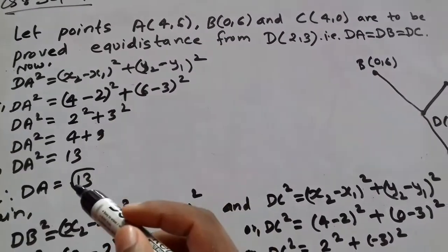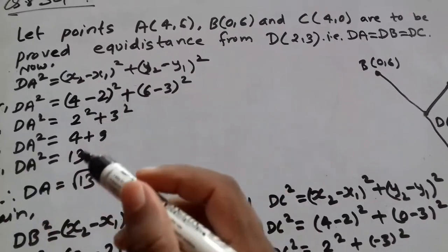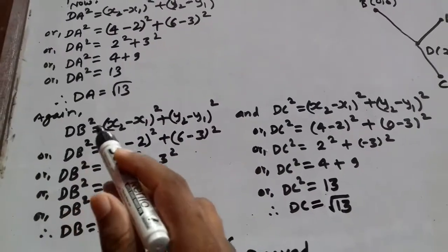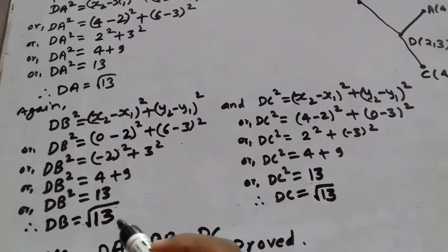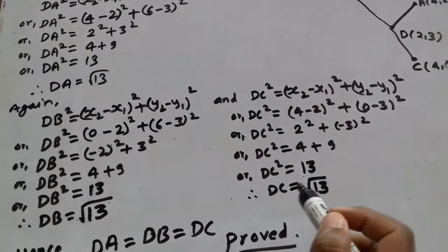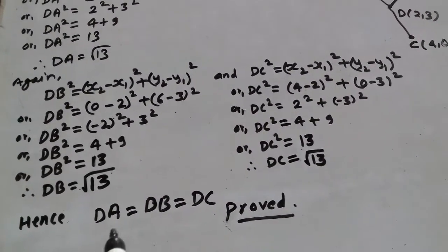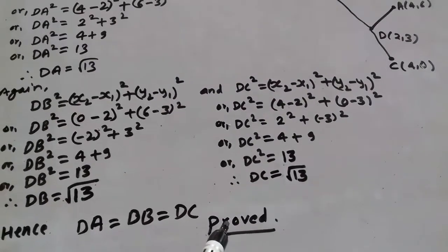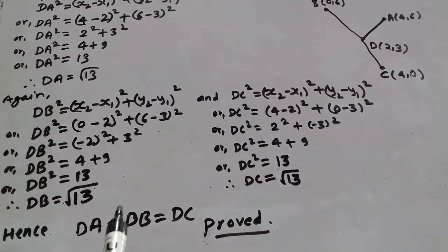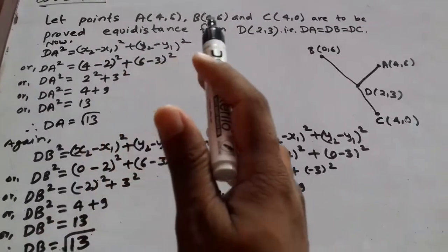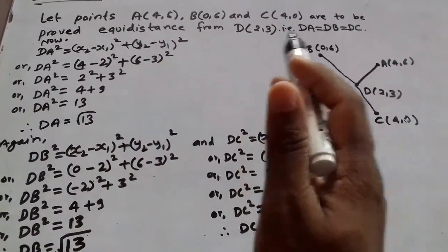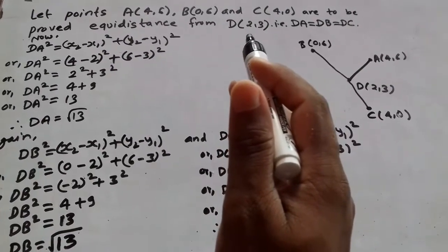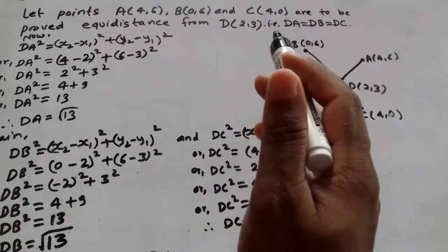Then by doing all the calculation, at last we get this. Similarly we get DB and DC as root 13, and hence DA equals DB equals DC is proved. That means these 3 points are equidistant from the point with coordinates 2, 3.